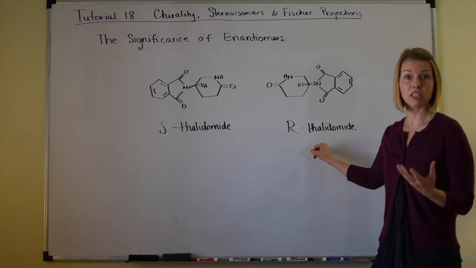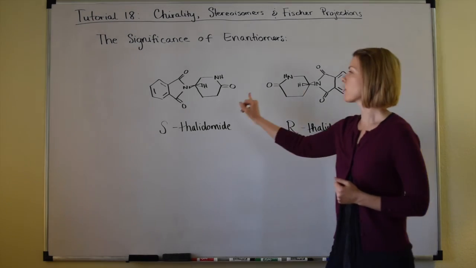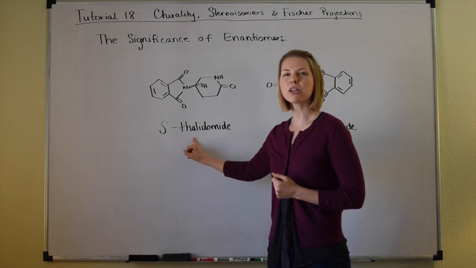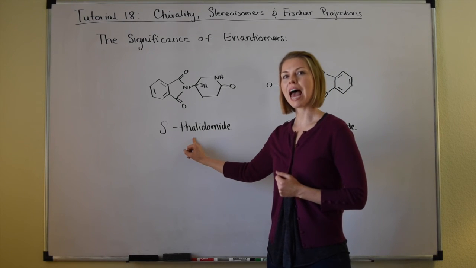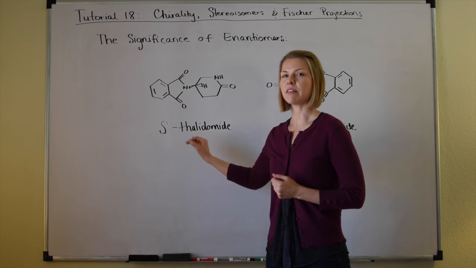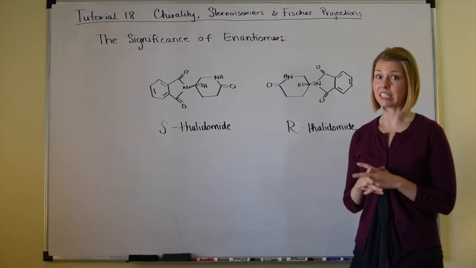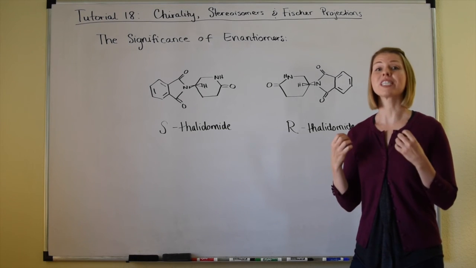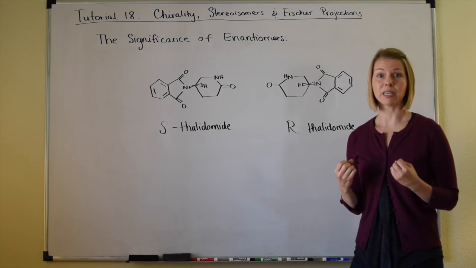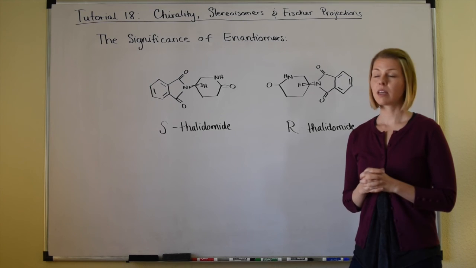It treated the nausea. The other enantiomer, its mirror image form, S-thalidomide, they found out later was teratogenic. Not only did it not help with the nausea, but it was harmful to the developing fetuses.